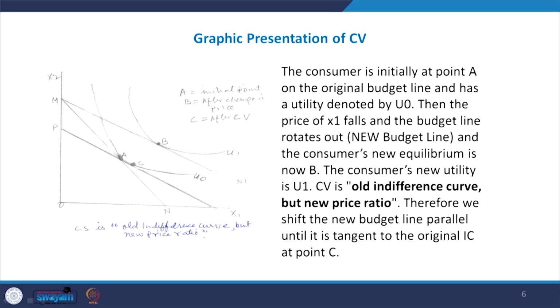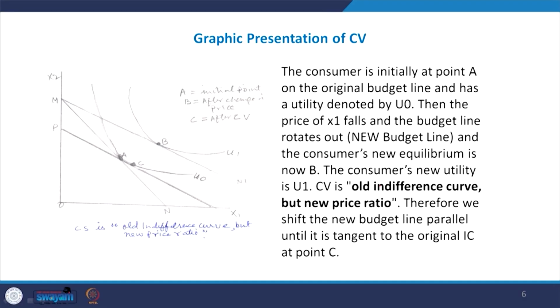When the price of the product changes, the welfare of the consumer improves and the consumer reaches a higher level of satisfaction. Now, if you reduce the budget of the consumer to be spent on two products, then the new budget line, which is parallel to the MN1 line, is now tangent at point C.